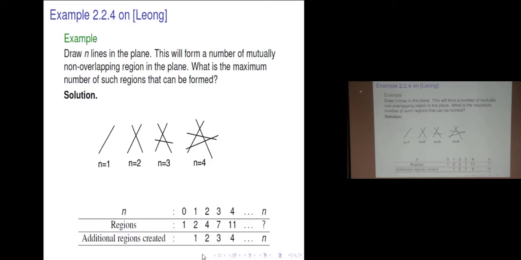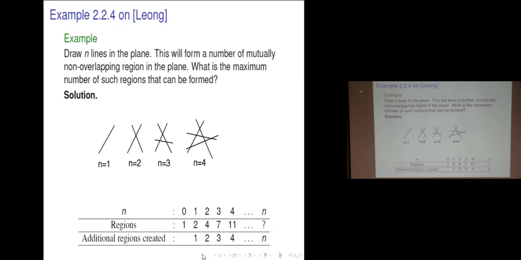Now let's look at what's going on for 3. For 3, you have to draw a line, but this line will cross the 2 lines only once each, right? So before you cross the first line, you create one region. That's here. Now, between the first given line and the second given line, you create another region, right?